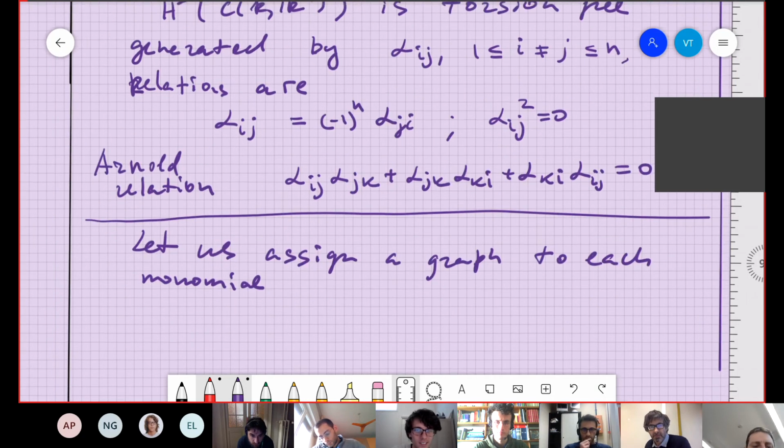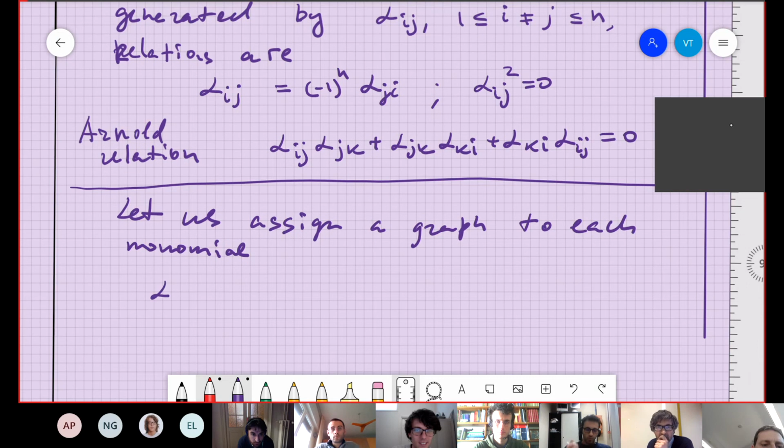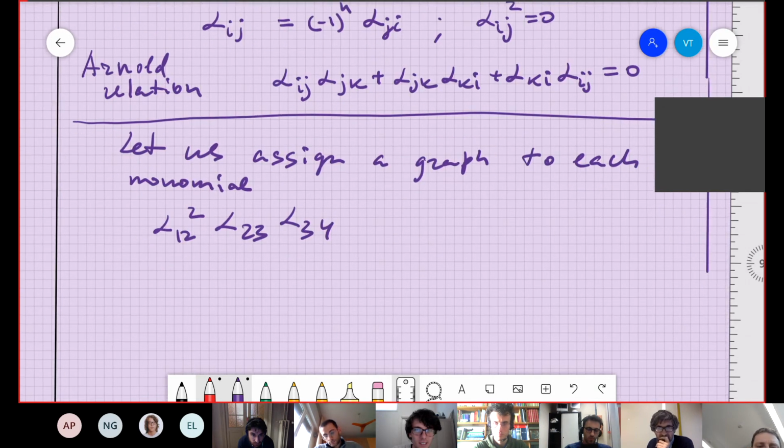Just as an example, if we have a monomial alpha 1,2 squared, alpha 2,3, alpha 3,4, we can look at the points 1, 2, 3, and 4.